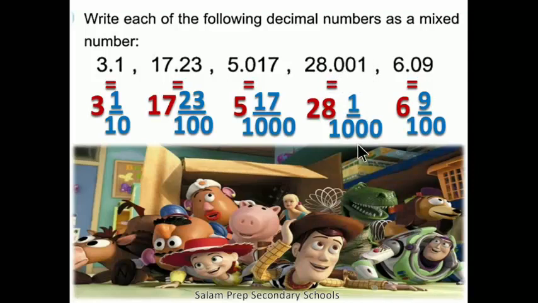So I will put 1000 in the denominator. The last one, 6.09. 6 and 9 hundredths. Write the whole number. 6 is the whole number. Don't write the decimal point. In the numerator, I will put 9. Okay? There are 2 digits in the decimal part, so I will write 100.